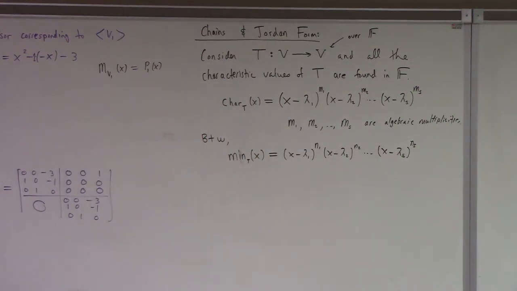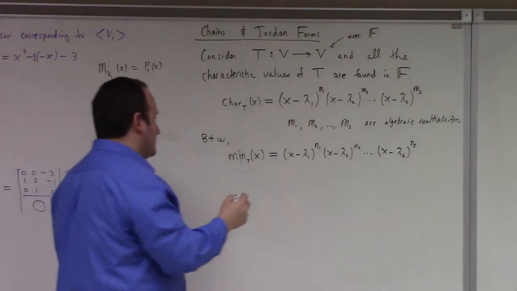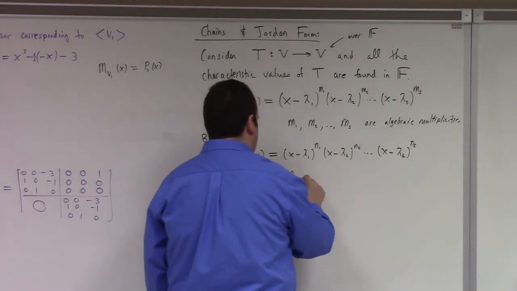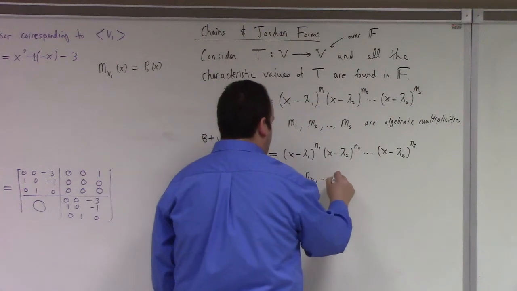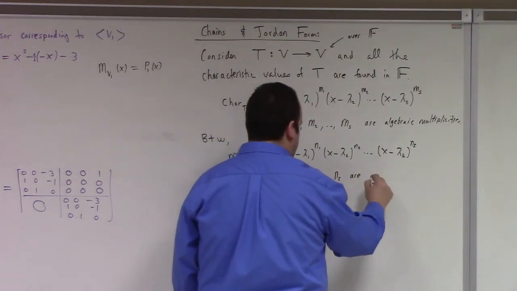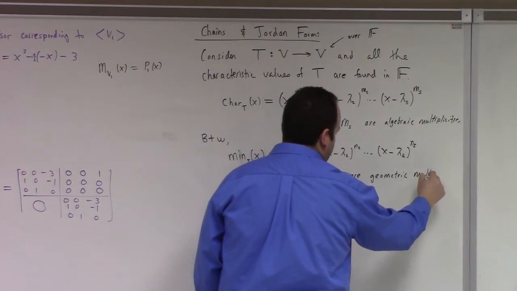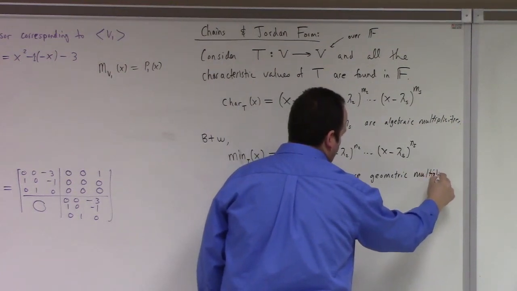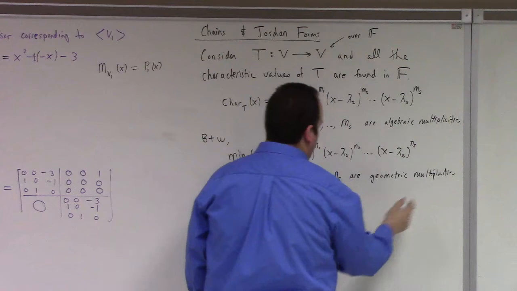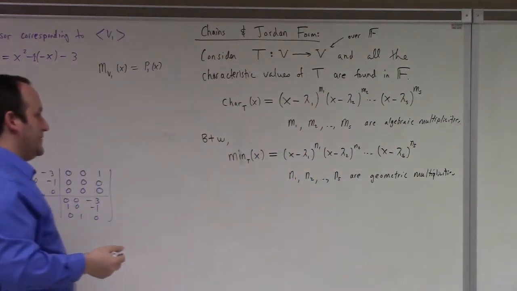Right? Now those don't have to be equal. The n's are what are called the geometric multiplicities. So n1, n2, ns are the so-called geometric multiplicities of the roots. I'm assuming what about the lambdas, by the way?